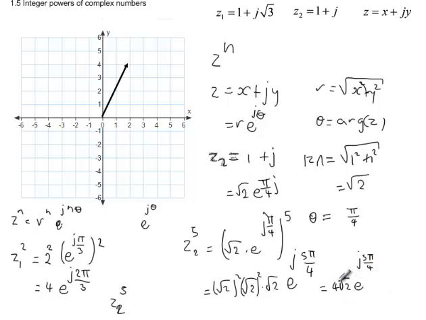Now notice when you get to this point here, I can ask additional questions like give your answer in what? In rectangular form. So we've got to go over those trigonometric ratios of 5 pi over 4, isn't it? cos 5 pi over 4 plus j sin 5 pi over 4. Then you calculate the numbers, you get your number in rectangular form.